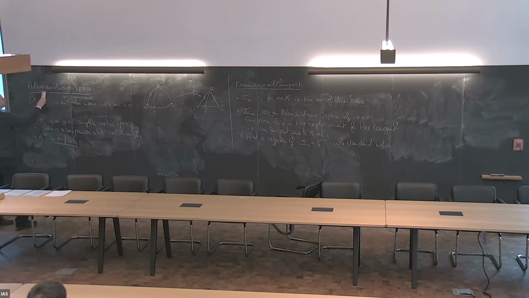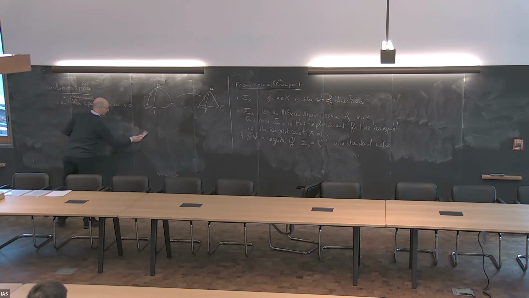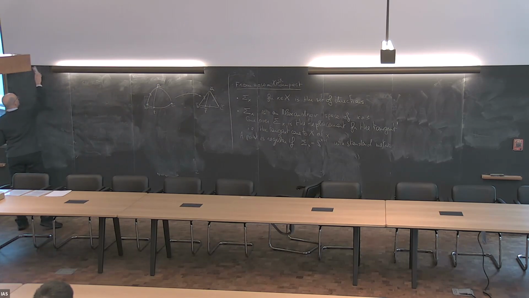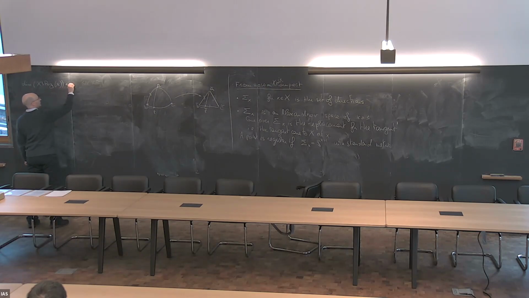Okay, and so what did we prove? Well, if I remember correctly, the space of singular points, so the dimension of x minus the set of regular points, is, I think, at most n minus 2.